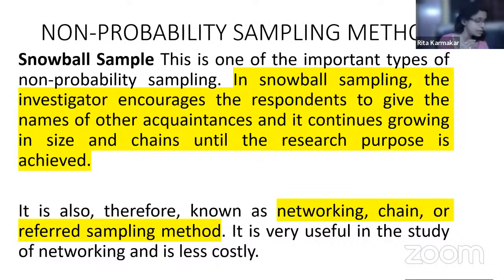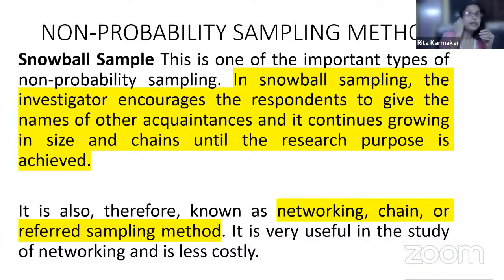That is, the researcher selects one respondent, collects data from them, and then encourages the respondent to give the names of other acquaintances so that they also can give the data. This way the researcher is creating a kind of network or a chain. We used this widely during COVID.